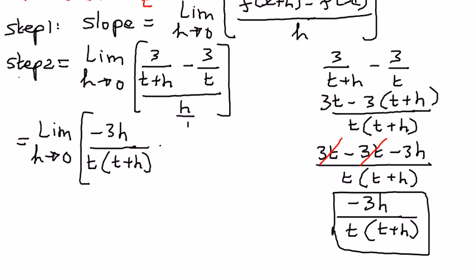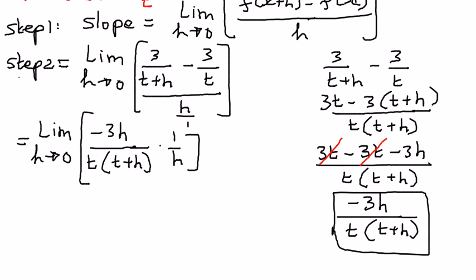We have h, I can write that as h over 1, and if I convert the division into multiplication, I can write the denominator as its reciprocal. H over 1 converts to 1 over h, like that.